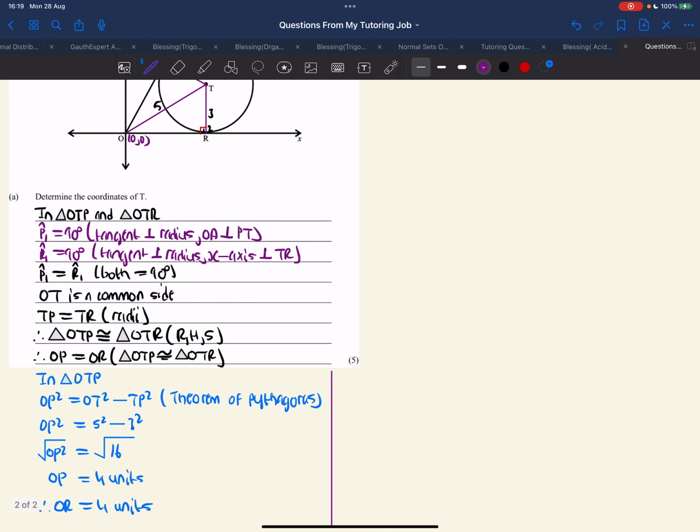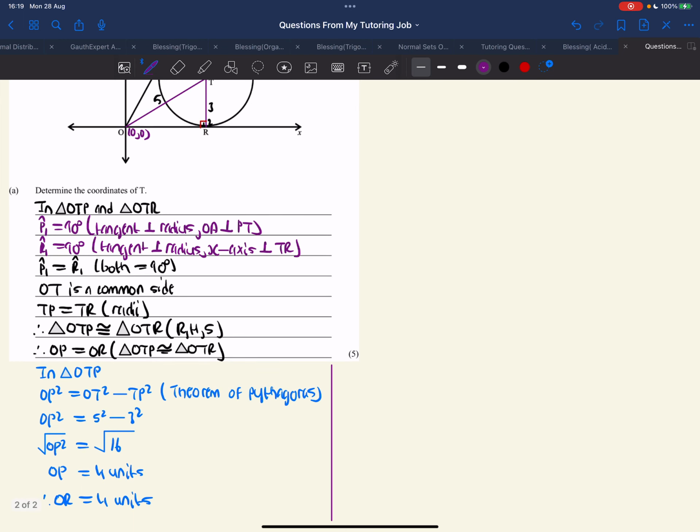Now to find the coordinates of R, if we want to calculate the length of OR, we say OR equals the x coordinate of R minus the x coordinate of O, because we don't have to use the distance formula, seeing that those two points have the y coordinate in common, which is 0. Now we just found that OR is 4, so 4 equals XR minus 0, so basically XR is equal to 4.